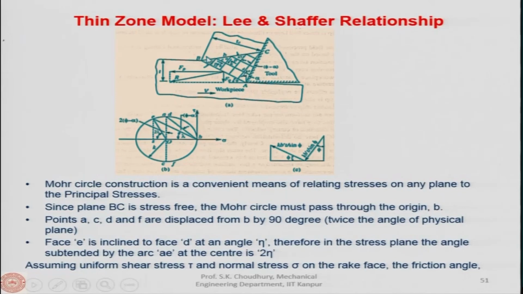Since BC is stress free, the Mohr circle must pass through the origin, because this is the axis: here is the shear stress, here is the normal stress, and here is the 0 point. Through this the Mohr circle will pass. Points A, C, D and F are displaced from B by 90 degrees. These points are nothing but designated planes, parallel and vertical.